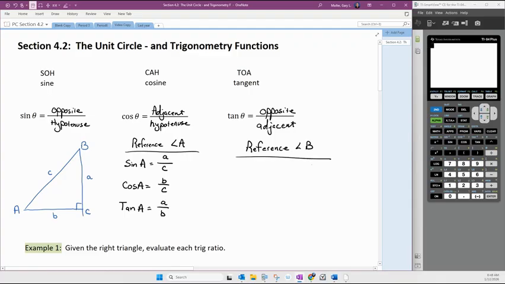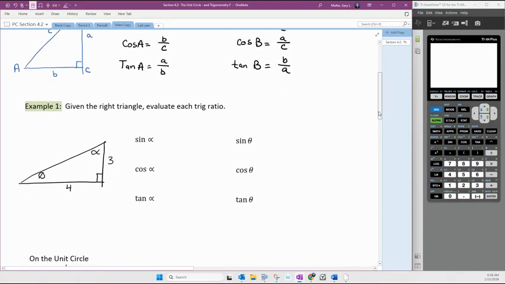So reference angle B, then the sine of B is the opposite from B, which would be little b, over C. The cosine of B is adjacent over hypotenuse, and the tangent of B is opposite B over A. All right, so we're going to be spending time with sine, cosine, tangent today. Let's take a look at example one.